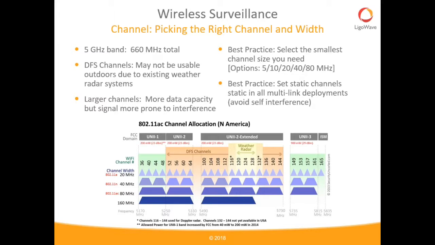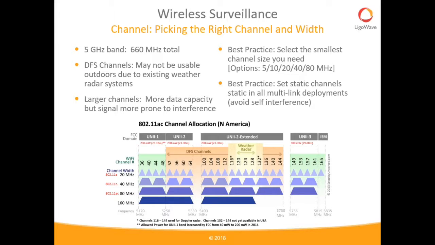Now, I mentioned before that there are different channel widths that you can pick. The wider the channel width, obviously the more data that you can stuff into the channel at any one period of time, which means the higher the potential throughput.